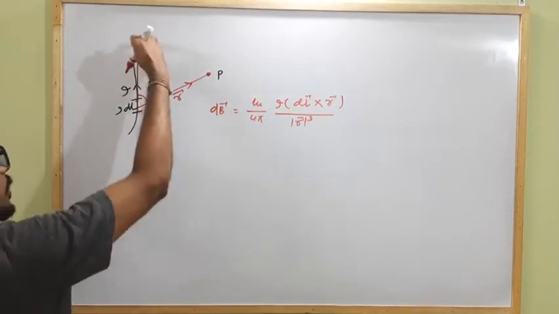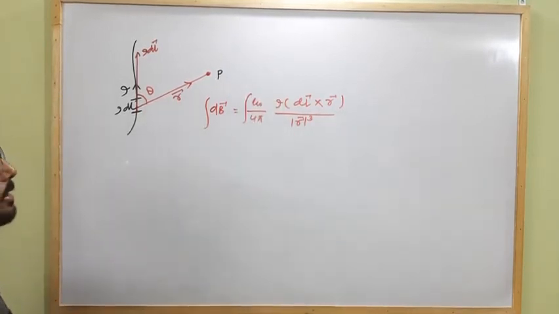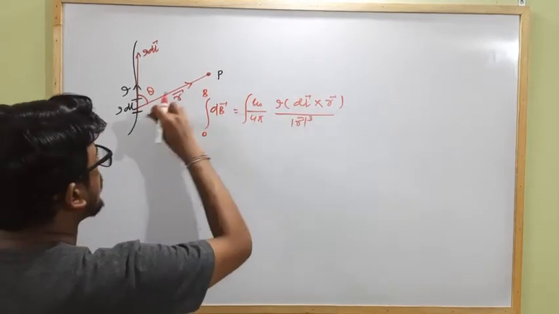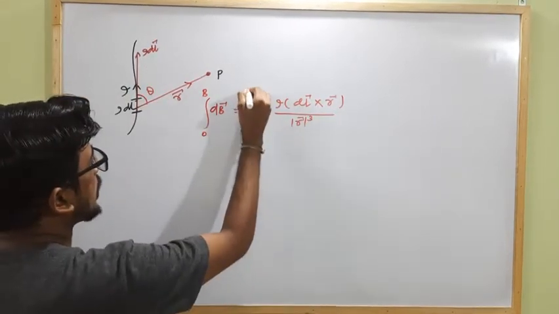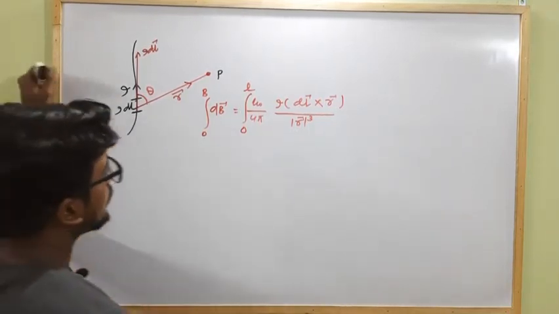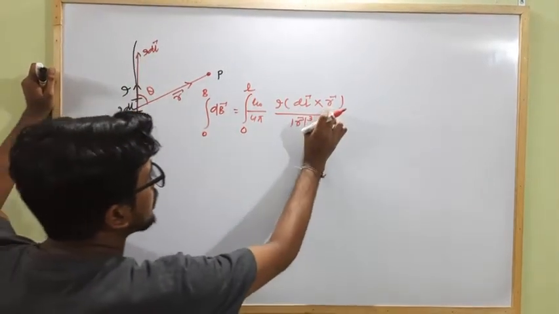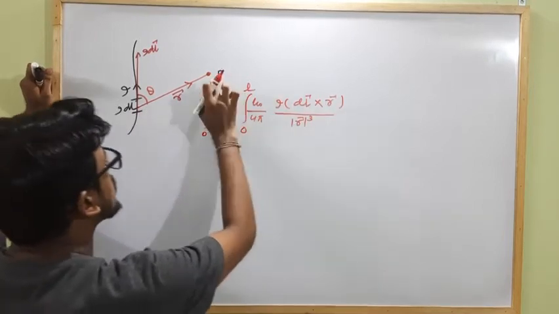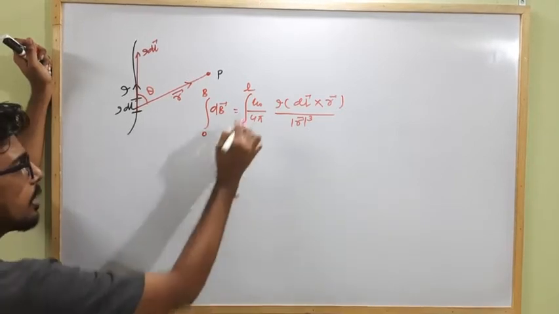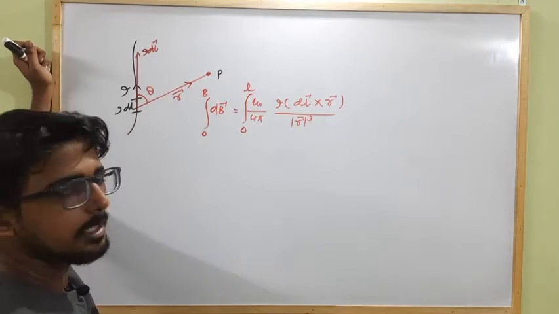If we are considering the complete conductor, we have to integrate this, from 0 to the maximum strength B, and dl is variable, from 0 to the maximum length L of the conductor. What is dl? This is the direction of the current carrying element. r is the position vector of the point of observation with respect to the element, I is the current flowing through the conductor, and mu naught is the permeability of the free space within which the conductor is placed.